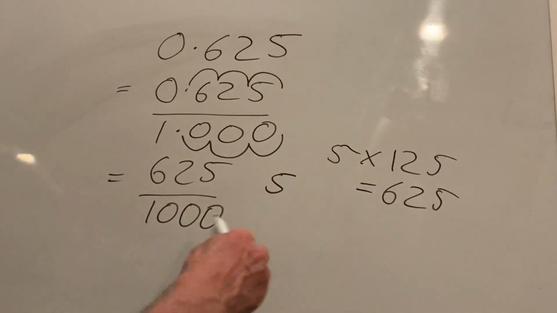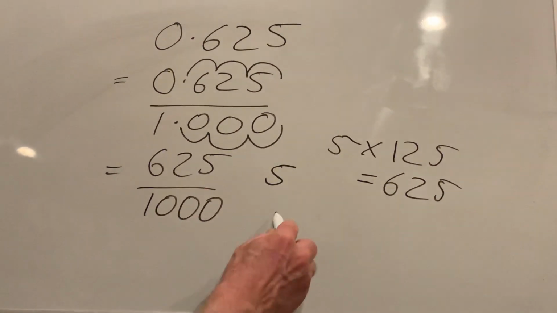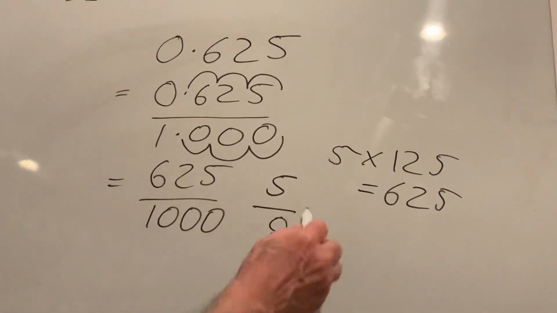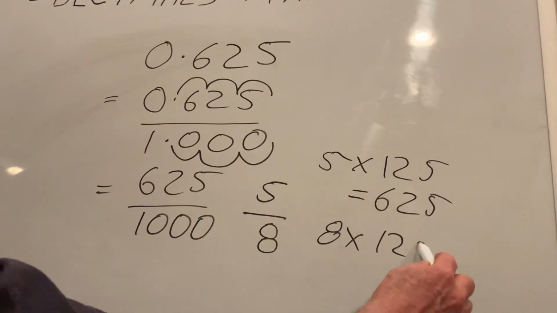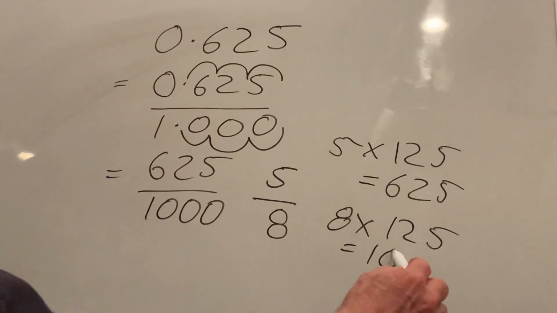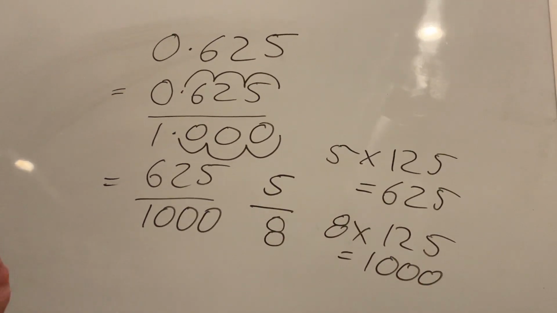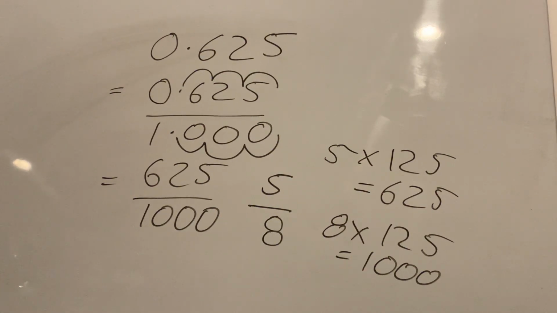And 125 goes into 1,000 8 times. So 8 times 125 equals 1,000. Okay, some people will just know that, but most people wouldn't know that.